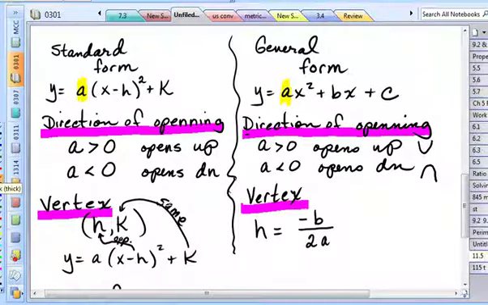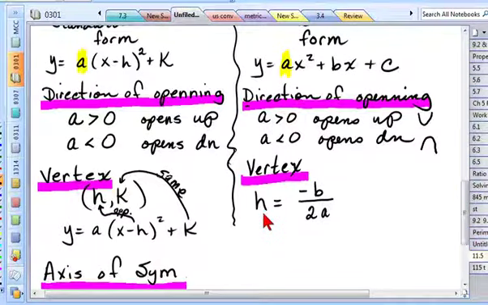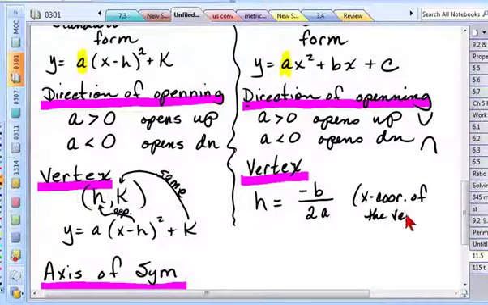All right, now when you have this general form, I'm over here on the right-hand side. When you have general form, the vertex can be found by a formula. Remember that h is the x-coordinate of the vertex.